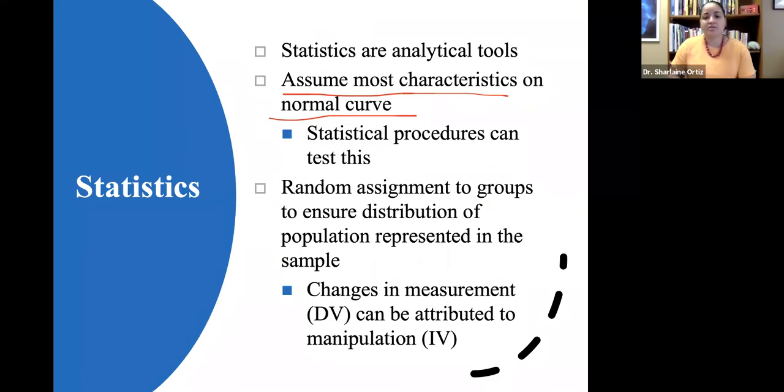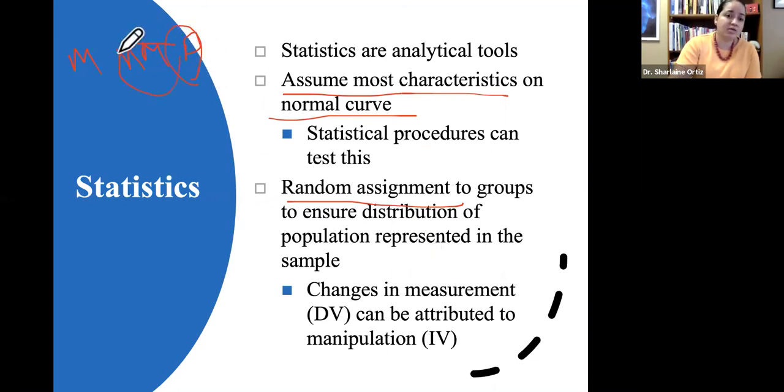Another important factor is that when we assign these people randomly to these treatment groups, so if you recall, we have the medication group, no medication group, and the placebo group, we want to make sure that the distribution is represented here in the sample, right?